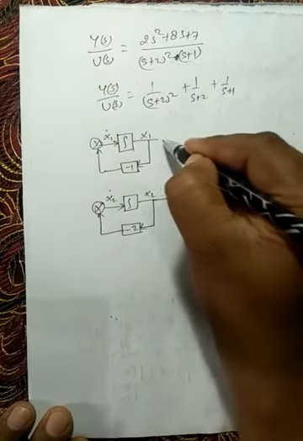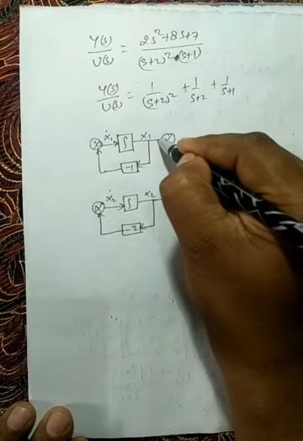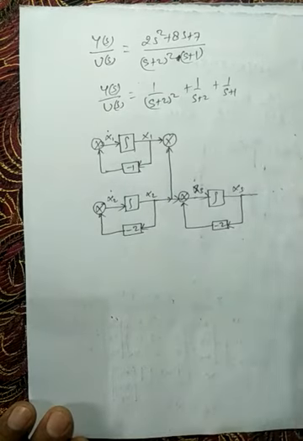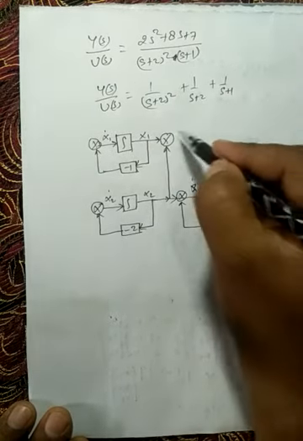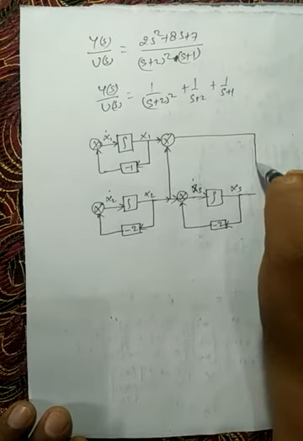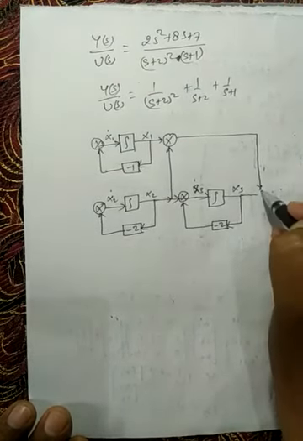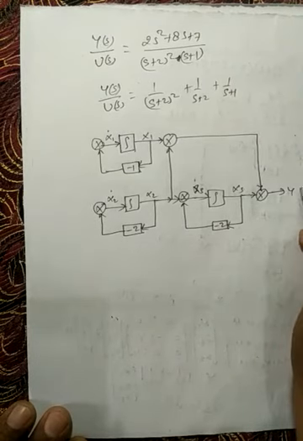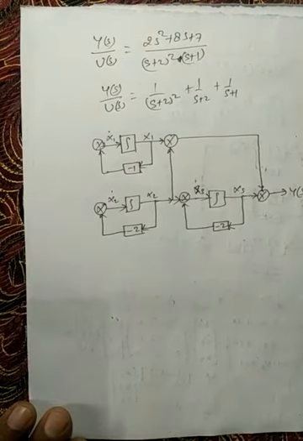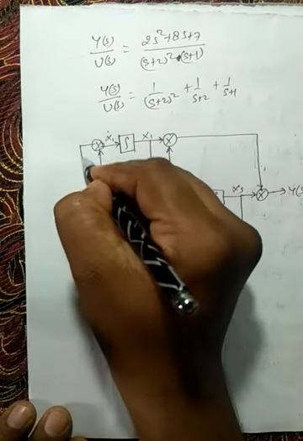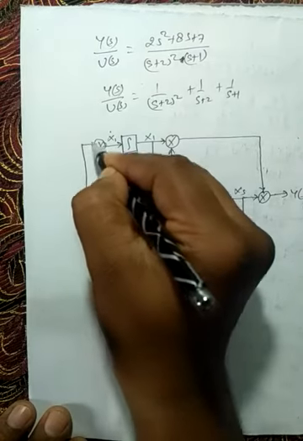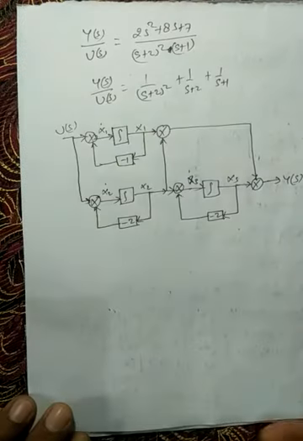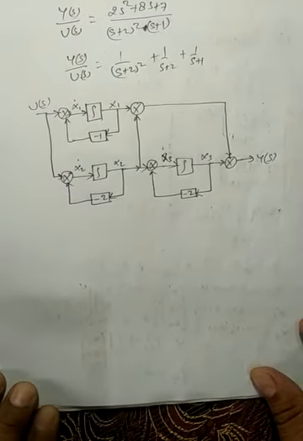These two are added together like this, and the resultant is added here. And finally we get Y(s), and the input is shorted. Yes, this is the block diagram.